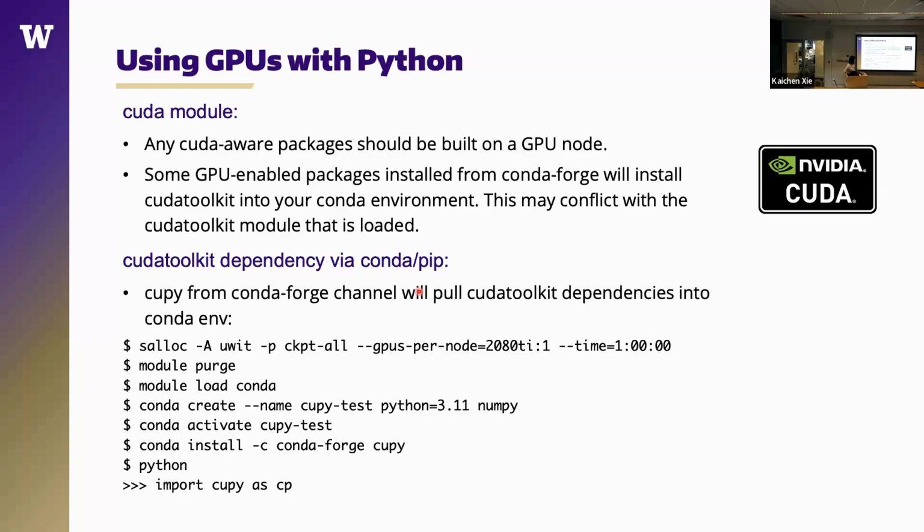In that case, you will first request a GPU node. The way is to add the GPUs-per-node flag with the type of GPUs, a colon, and the number of GPUs. You can check the GPUs you have access to with the command hyakalloc. Please check that on our documentation website.